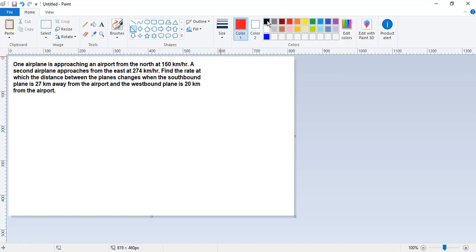So let's change the color. So we're going to draw a right triangle. Let's do that again. Okay.